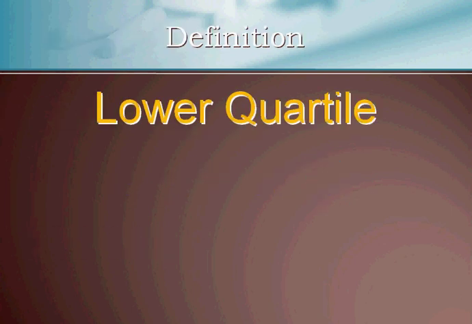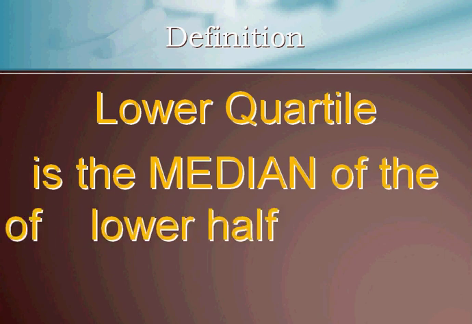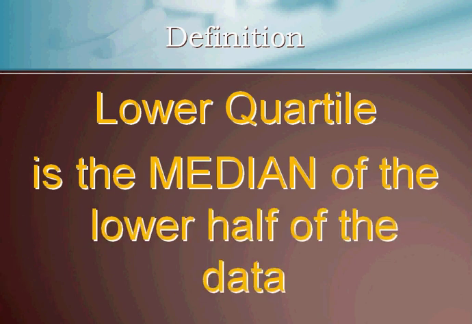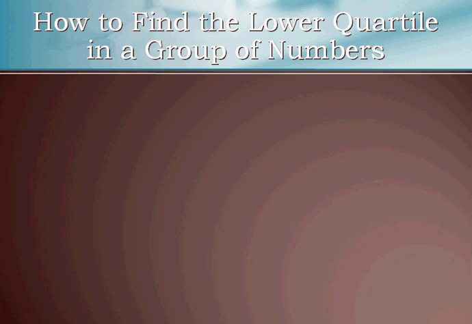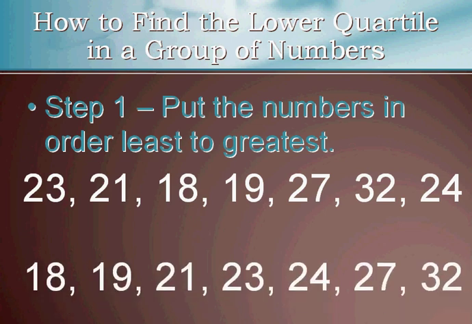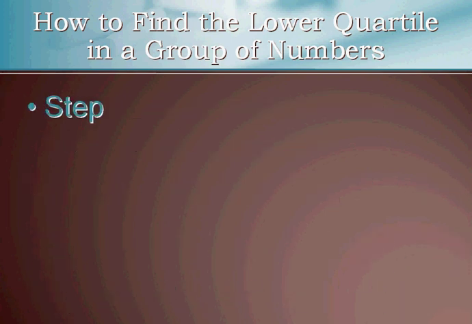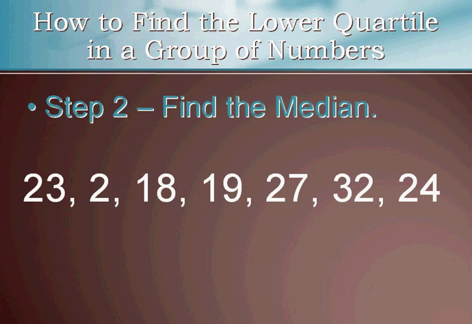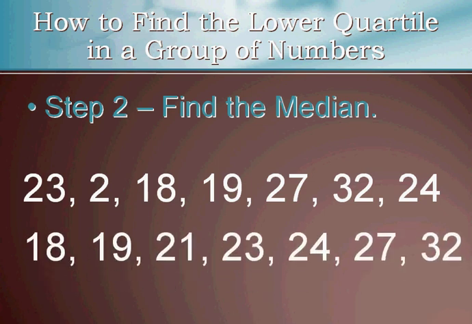The lower quartile is the median of the lower half of the data. To find the lower quartile, step 1, we put the numbers in order, least to greatest. Step 2, find the median. The median's 23, the number in the middle.